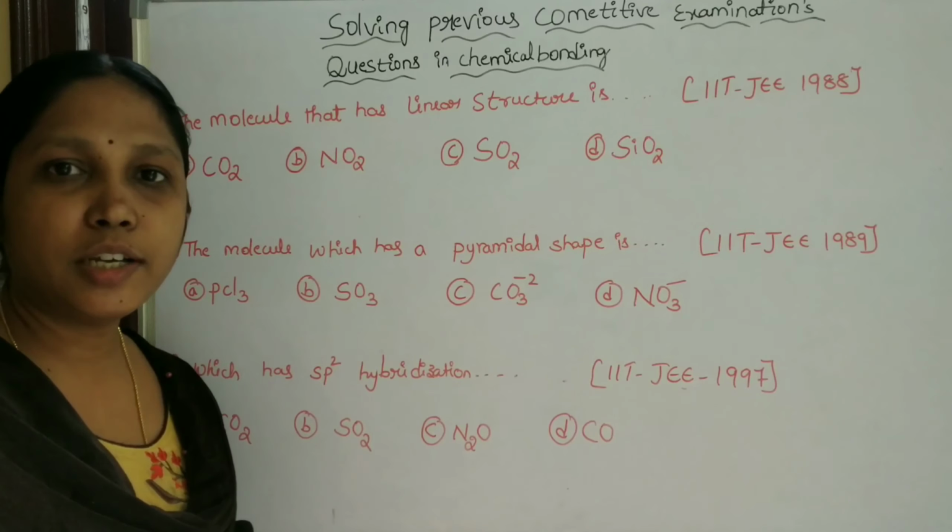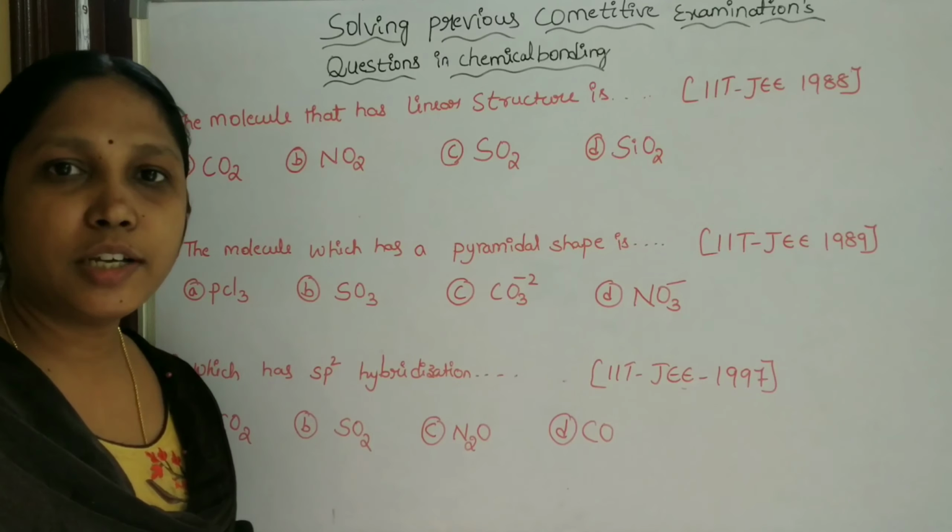Each oxygen forms a bond with 2 valency electrons of carbon. So 2 oxygens form 2 bonds. In the 2 bonds, one is a sigma bond and another is a pi bond. Only one sigma bond exists.